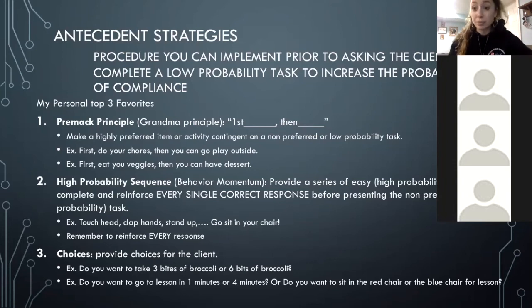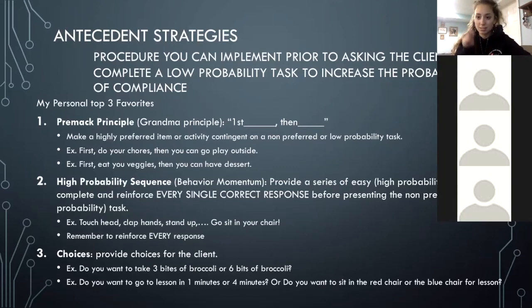I just picked my top 3 favorites because I think these are the ones that we use the most, specifically at UTBS. Number 1 is the PREMAC principle, or the grandma principle, or the grandma rule. PREMAC principle. It is my all-time favorite. I think I used it like 30 times in a 2-hour observation that I did just today.